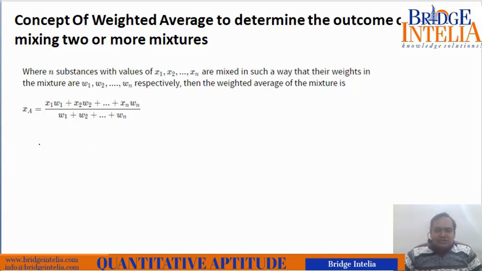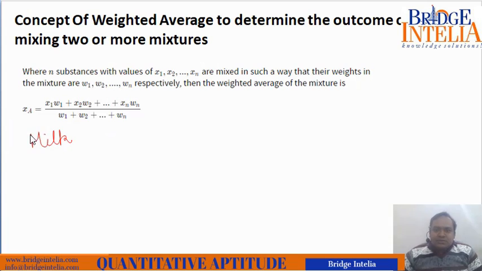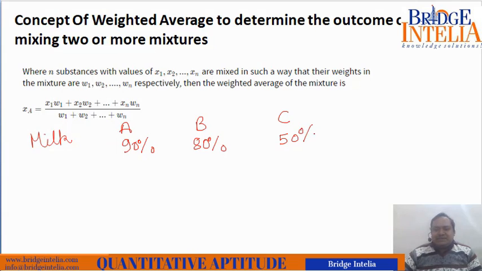Let's suppose you have three varieties of milk, let's call them A, B and C. Let's suppose the percentage of milk was 90%, 80%, and for this one 50%.